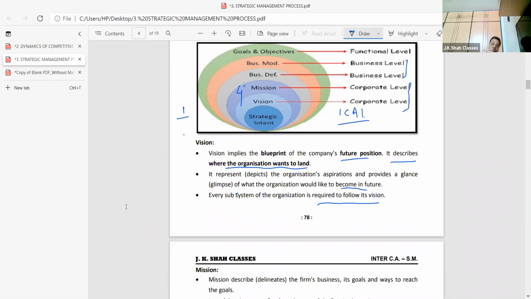You have to go through the toil which a child would otherwise not go through. So every subsystem is required to follow its vision. If in that organization there are 100 people, you want 100 people to give 100%. If everyone helps, students, the company will be able to achieve its vision.